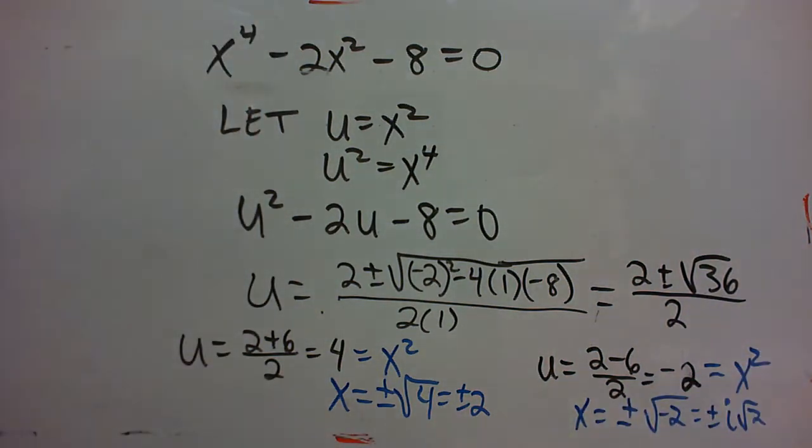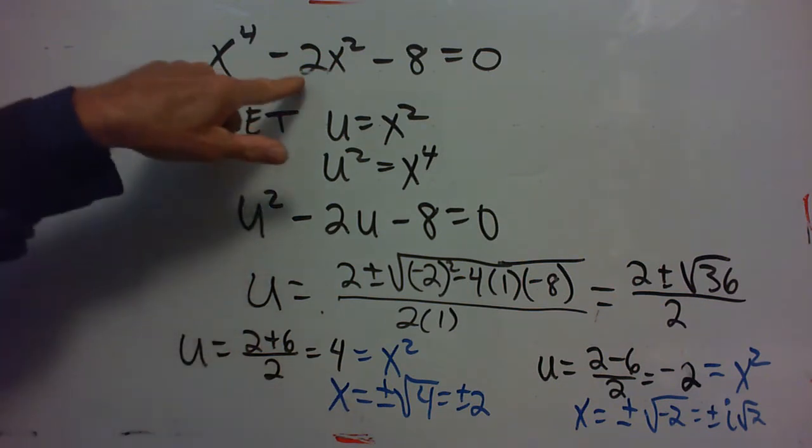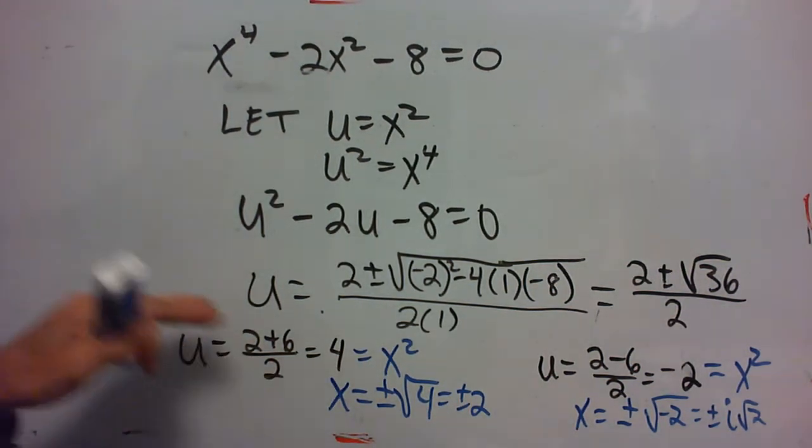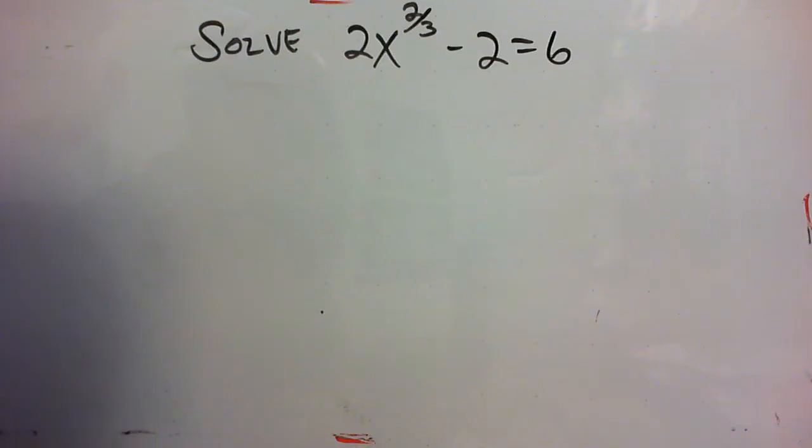So there's our answers we got before. If we had to use the quadratic formula, that would have worked. We could have also factored this u equation and gotten those two answers for u. But I'm just showing what you would do in case you couldn't factor and had to use the quadratic formula.